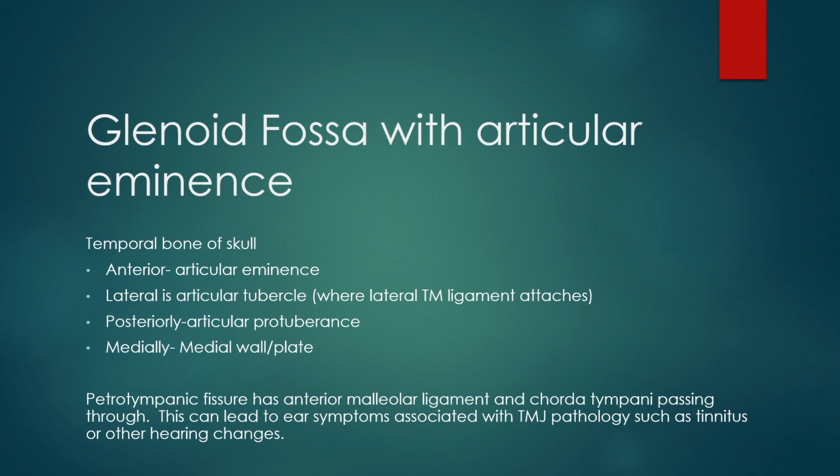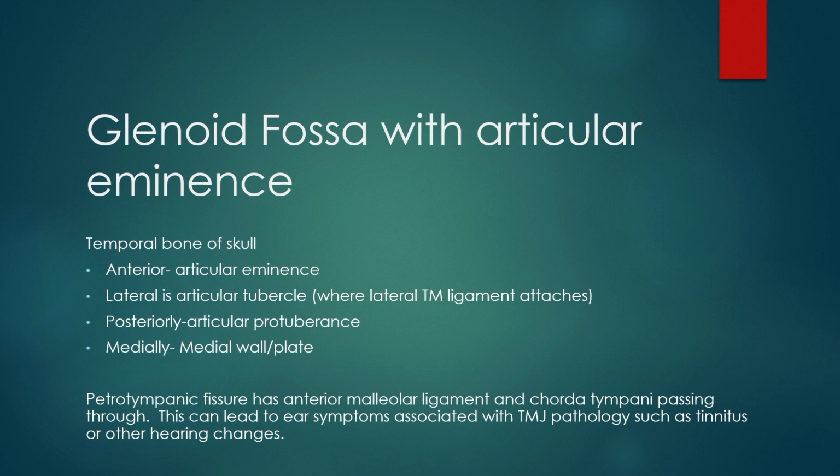Now to keep going, the articular eminence is anterior. There's a lateral tubercle on the lateral side where ligaments attach. Medially, there's a wall there. Posteriorly, there's a posterior protuberance, but that's also where the retrodiscal tissue is. Now, running through the fossa is a reason why a lot of people will have associated ear symptoms.